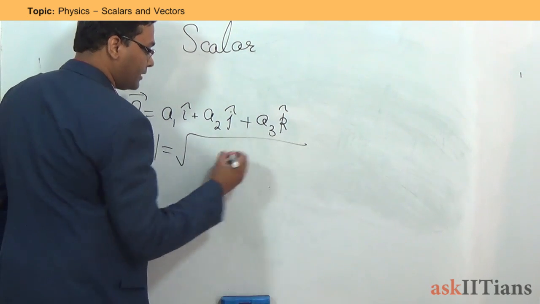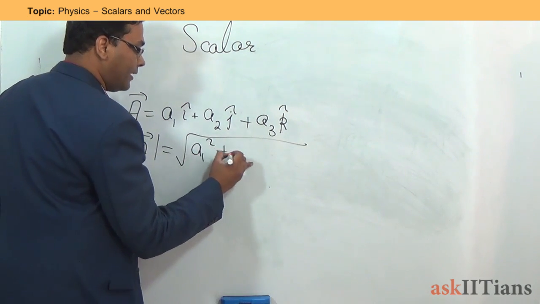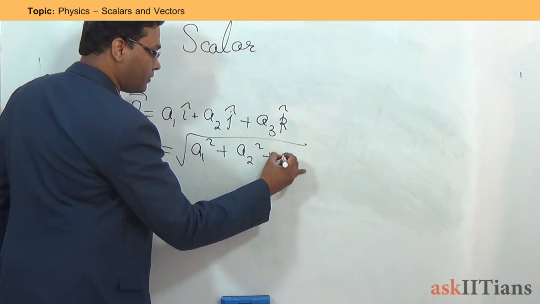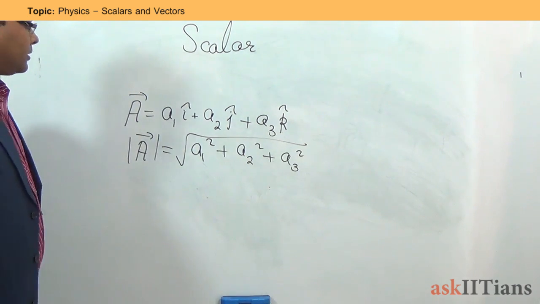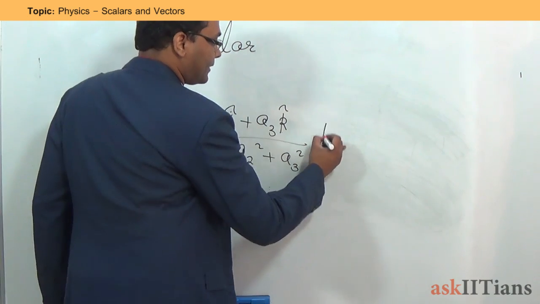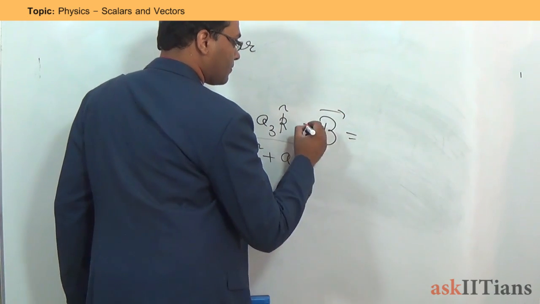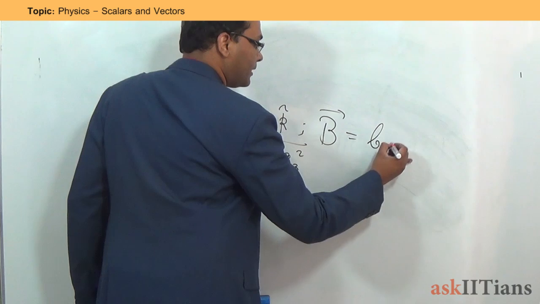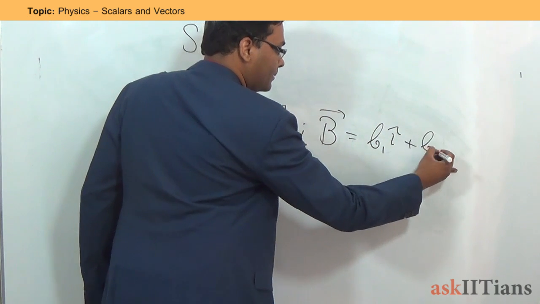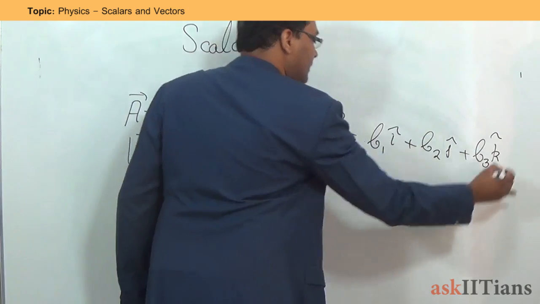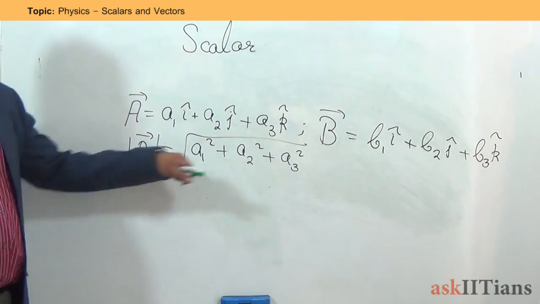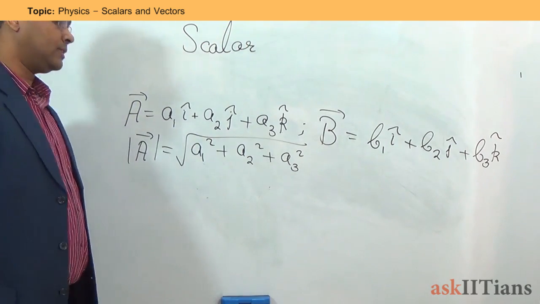It will be given by the square root of A1 square plus A2 square plus A3 square. This is the modulus. Similarly, if I take another vector B, B is given by B1 I cap, B2 J cap plus B3 K cap. In a similar way, you can find the magnitude of this.